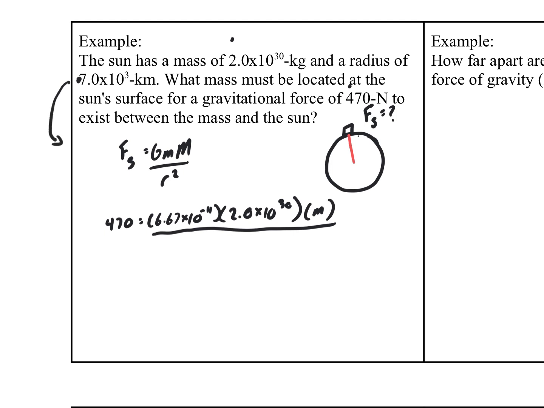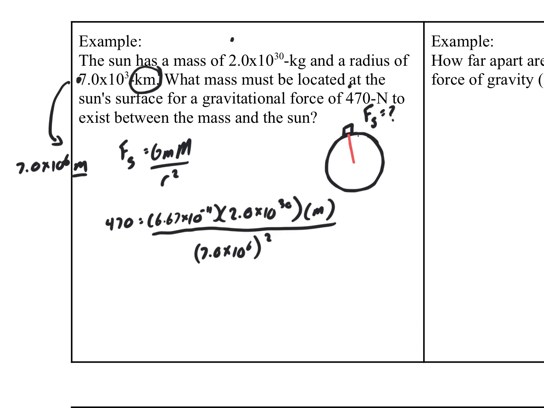Remember, this has to be in meters. This is actually 7.0 times 10 to the sixth meters. So make sure we pay attention to the units that we're using. So down here we have 7.0 times 10 to the sixth. And remember, it's r squared, so I have to square that.